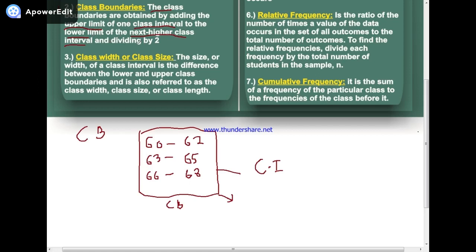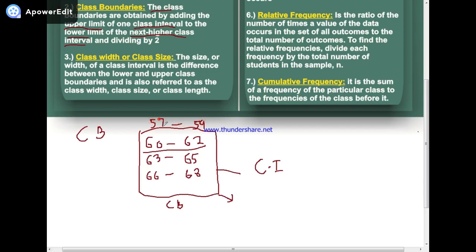Now, if you want to get the lower class boundary of this particular 60, what are you going to do? The preceding class interval of this particular class will be 57 to 59.